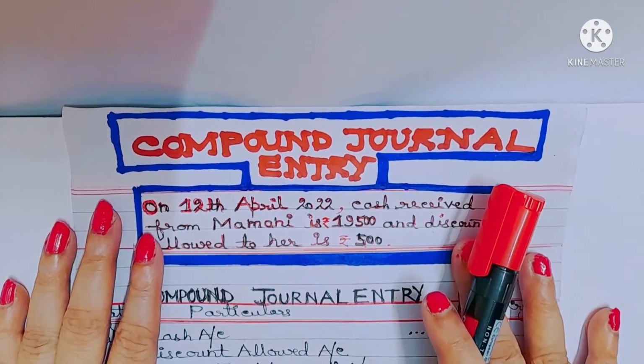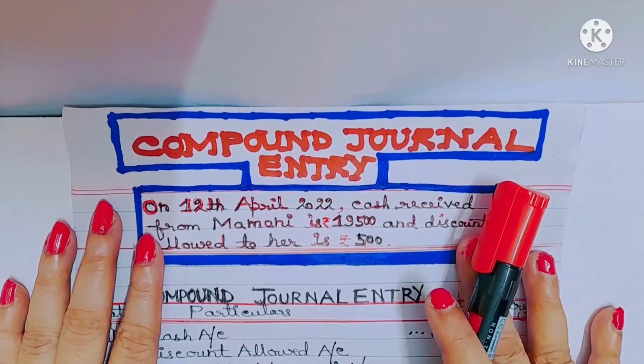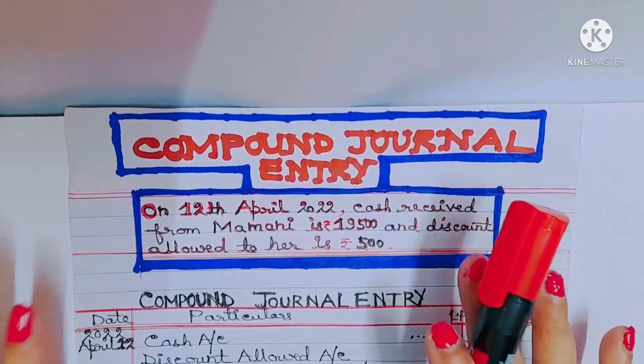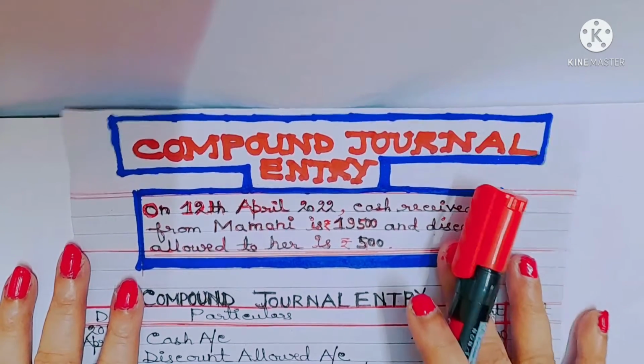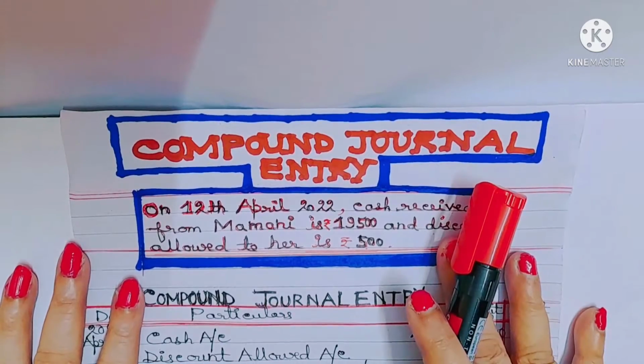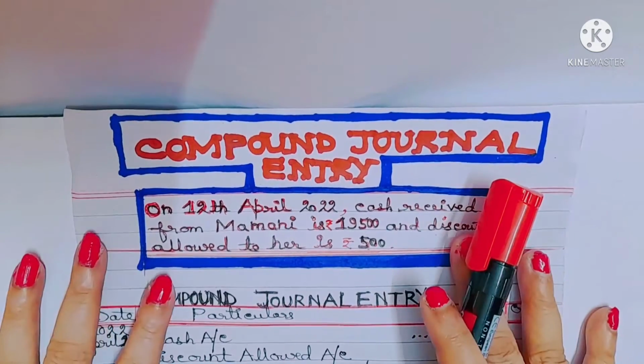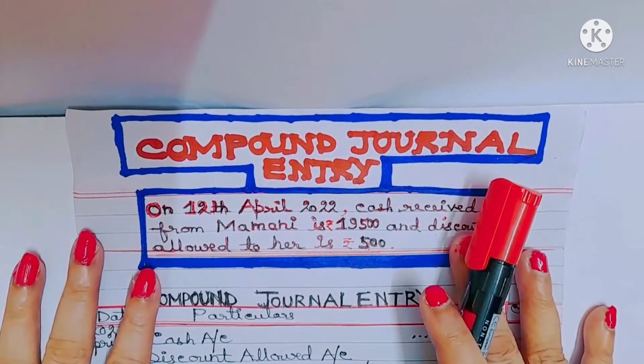Whereas a simple journal entry means one which contains one debit and one credit. Okay, understood? Now let's do it.